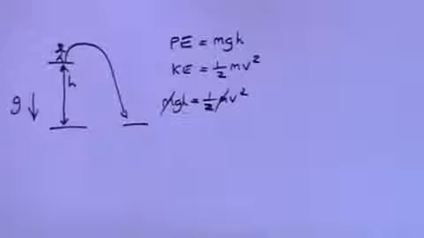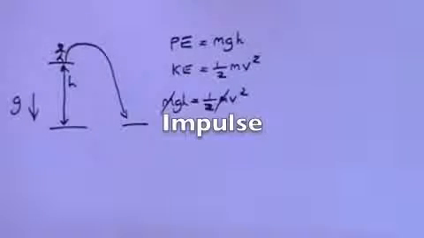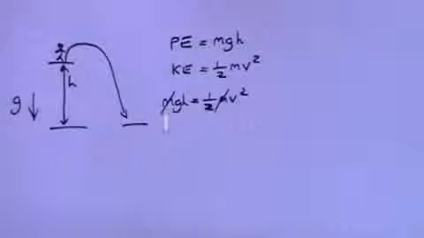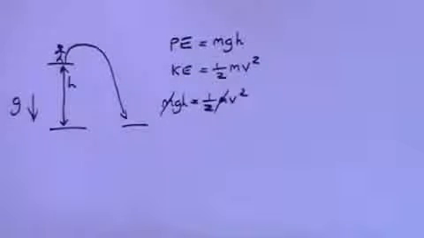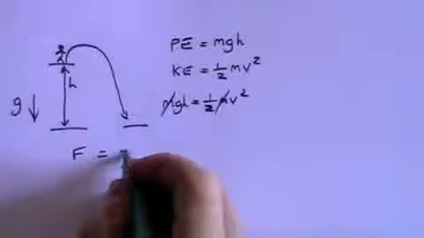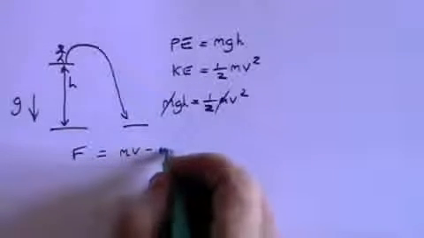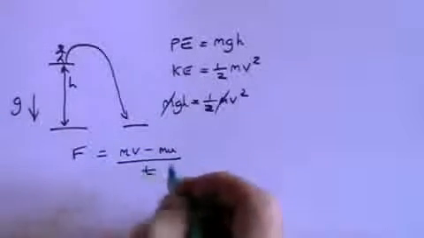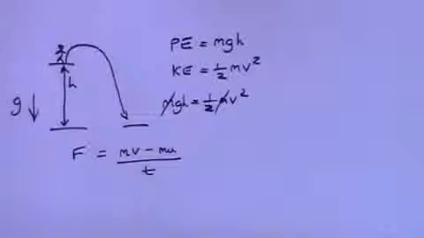Now I want to look at impulse, which is the change of momentum. Now you'll remember that force was the rate of change of momentum, which is mv minus mu divided by t. That's the rate of change of momentum. What is the change in momentum?